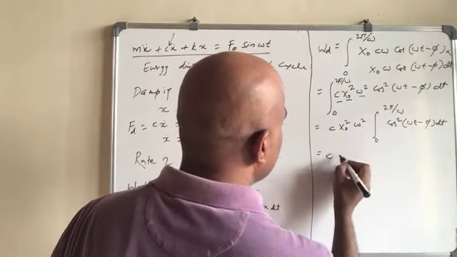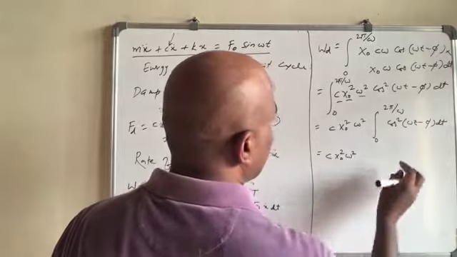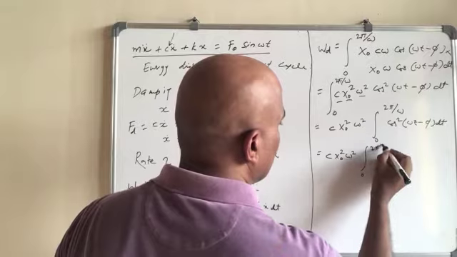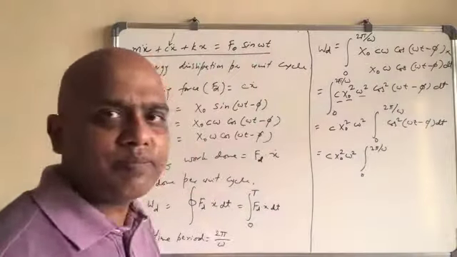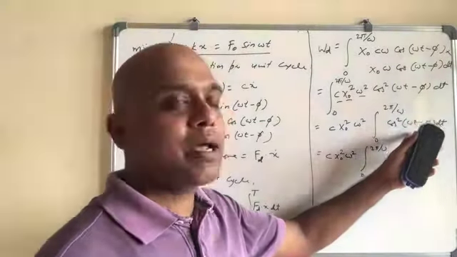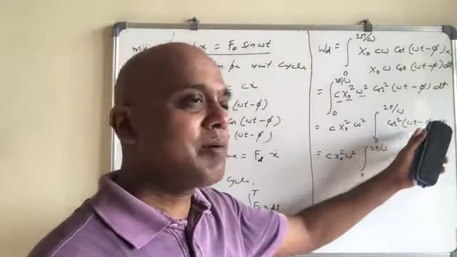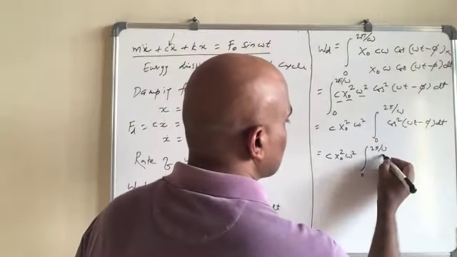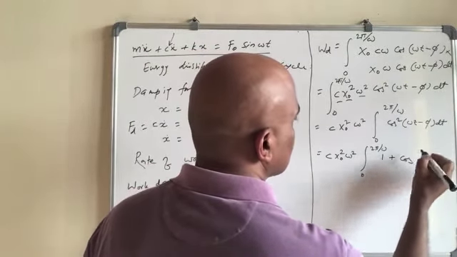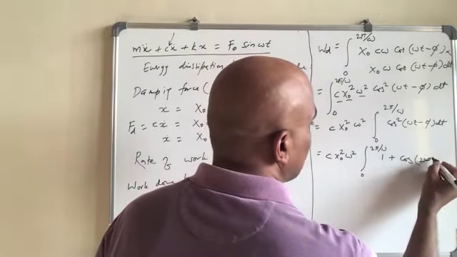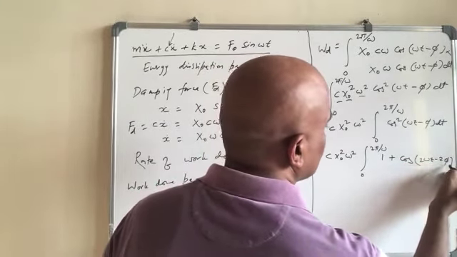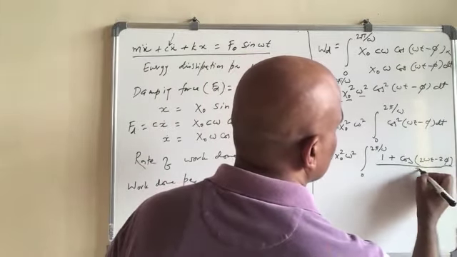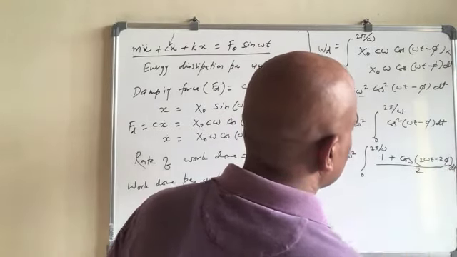We can write cos square omega t minus phi as 1 plus cos 2 omega t minus 2 phi, divided by 2, dt.